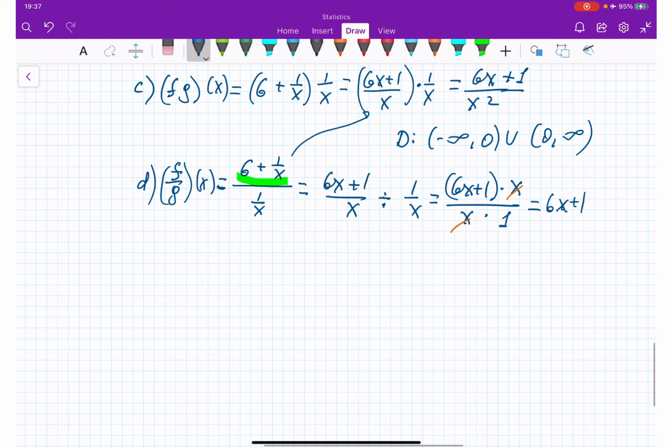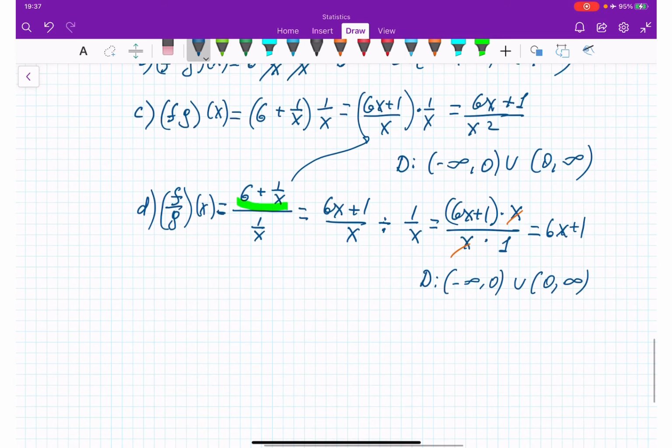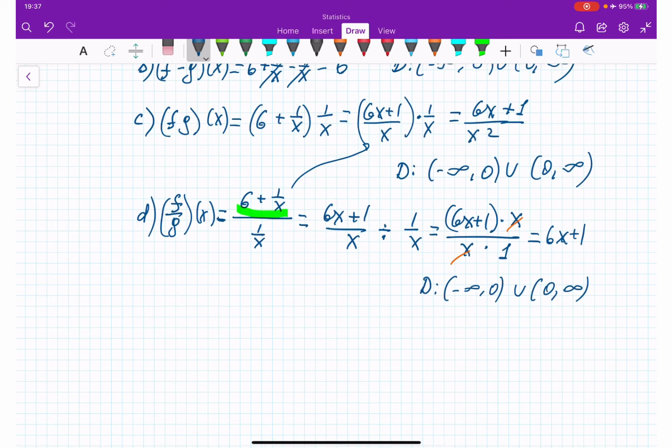Okay, so the domain is going to be negative infinity to 0 and 0 to positive infinity. What we learn from these fractional operations is that if you get a result of algebraic operation with domain negative infinity to positive infinity, you still need to consider the restriction from the original functions. Okay? Question number 11.